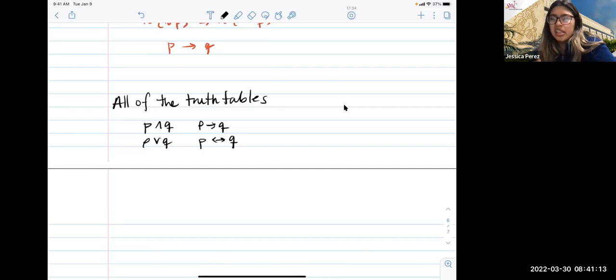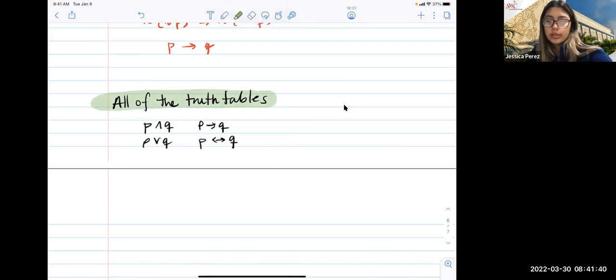You have to know the basics. You also have to know how to negate things. So definitely you have to know all of the truth tables for implications and for biconditionals. Okay, so everything that we went through, please make sure that you go back and revise all the truth tables and look at your notes very carefully.